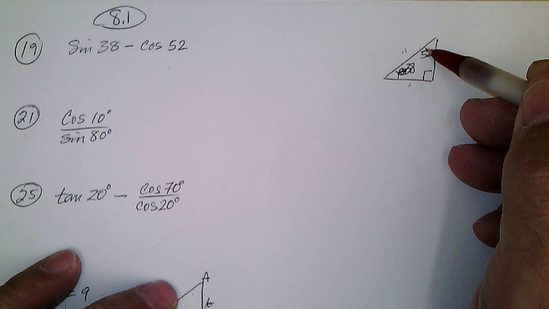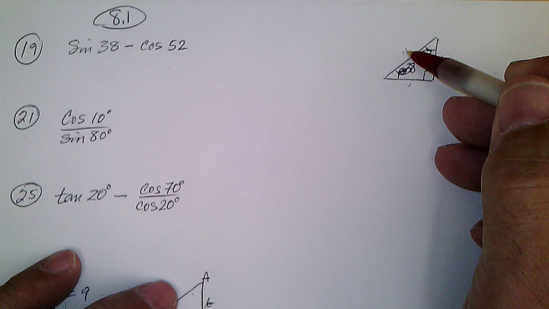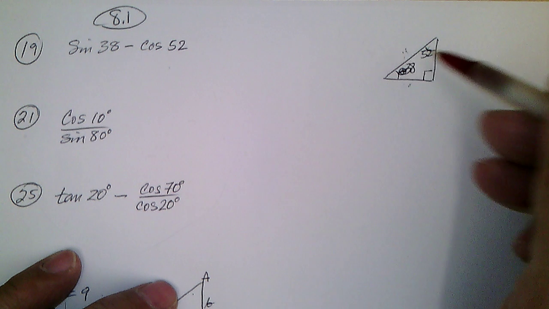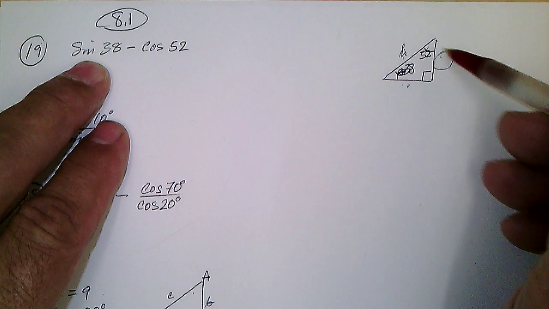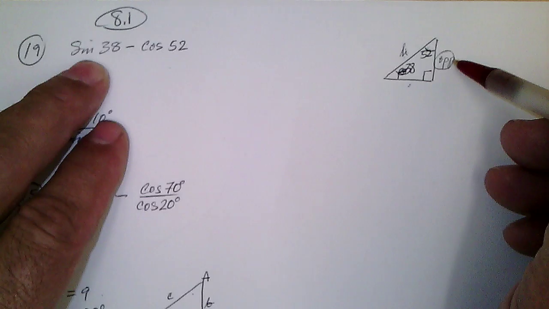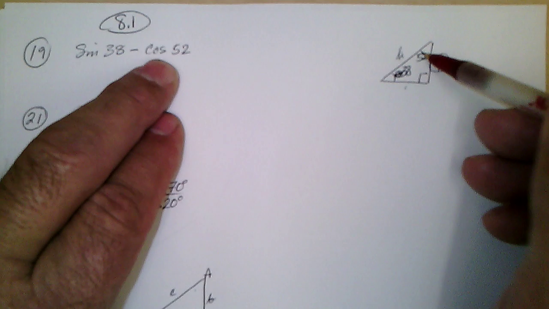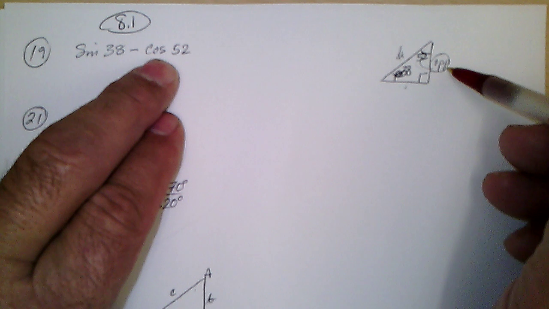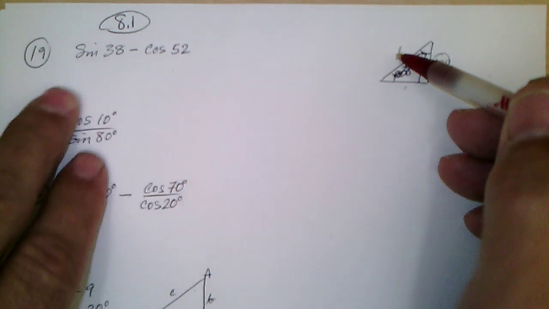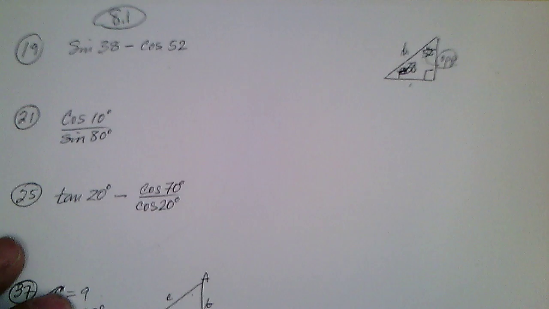The sine of 52 would be the opposite over the hypotenuse, and so they would be the same. So the sine of 38, opposite over the hypotenuse, would be the same as the cosine of 52, which, for 52, this would be called the adjacent over the hypotenuse, and so these two are exactly equal.